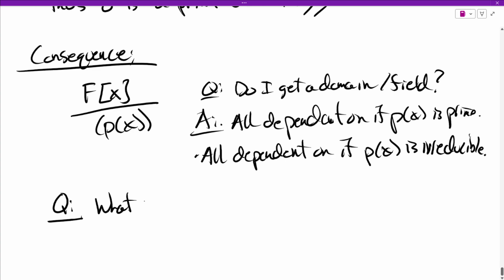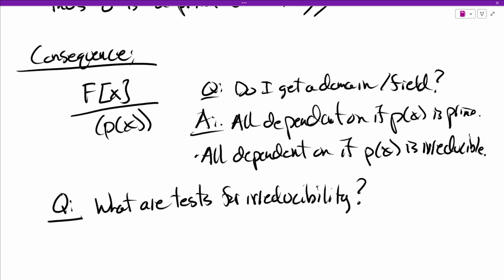What are tests for irreducibility? How can I tell if I'm unable to factor? Factoring is actually quite hard. Even just factoring whole numbers is hard. So what are tests for irreducibility? And that's something that we're going to investigate in our last week of class.